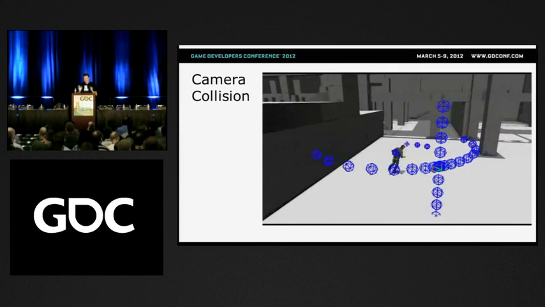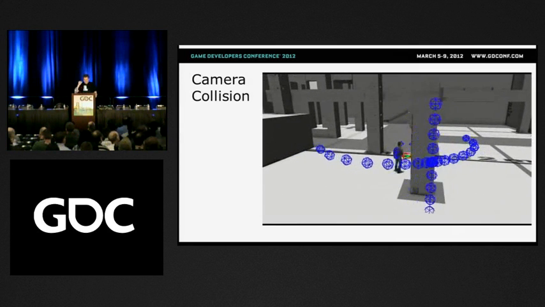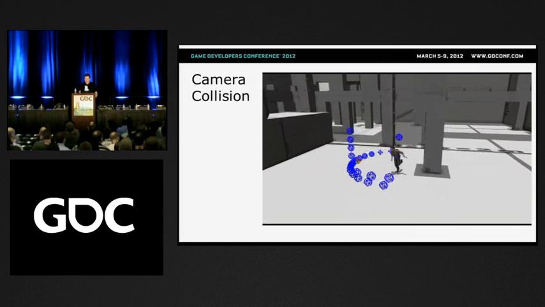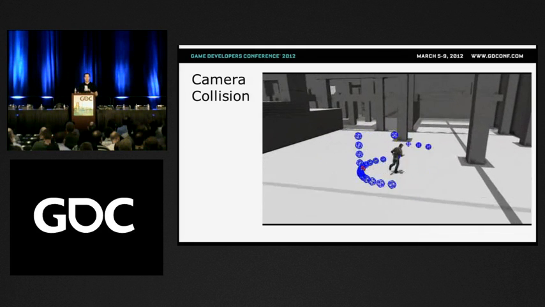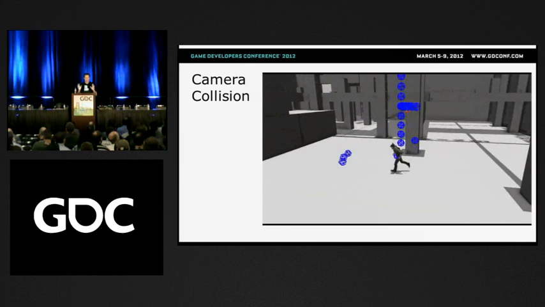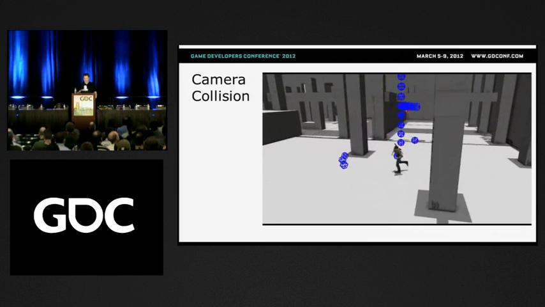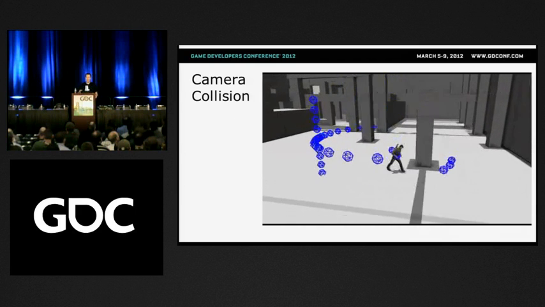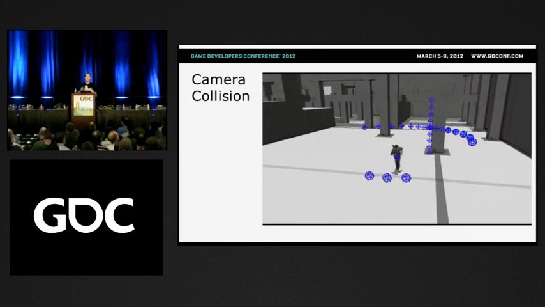And people hated it. The reason they hated it is because we were moving the camera and they weren't. Our rule of thumb now is anytime the camera moves, it needs to be under player control. Even if you get something so smart and so cool that 99% of the time it does the right thing and helps the player out, all they'll remember is the 1% of the time when they were going to shoot that guy and the camera shifted and screwed them up.